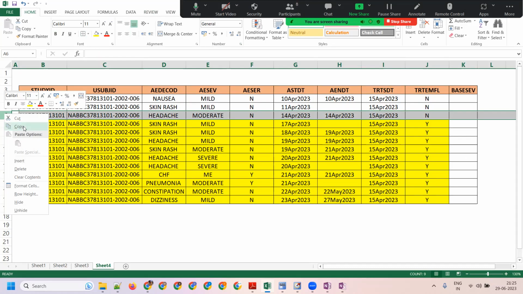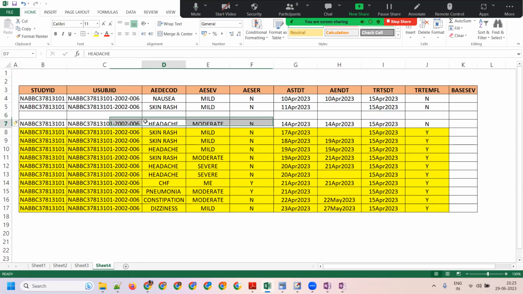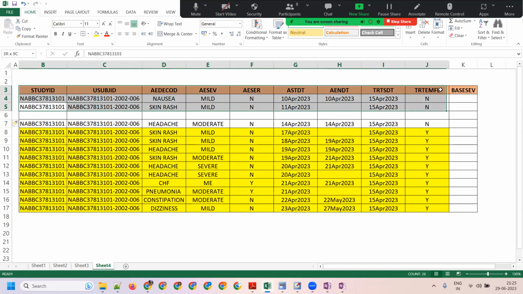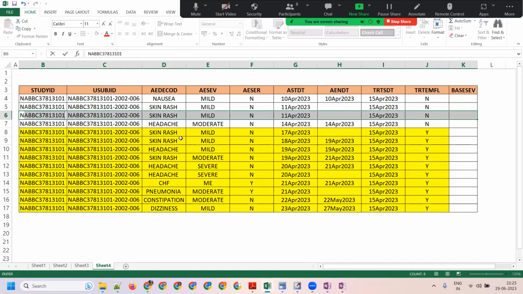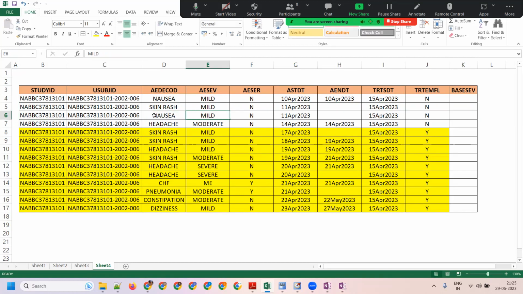Maybe I'll add one more just to talk about this. So nausea again, moderate, 13th April 2023, 14th April 2023.